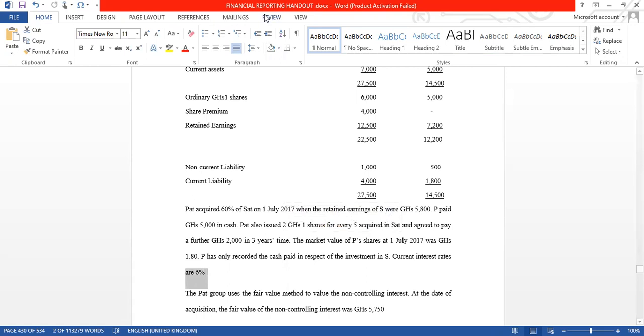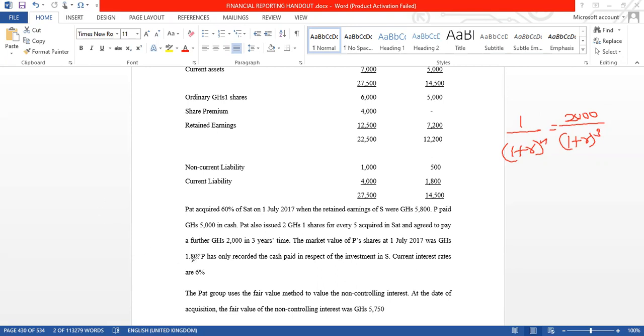So here, you have to show all these things in your workings, all right? So remember, it is 2,000 over 1 plus R raised to the power 3. Let's do it. What is R?